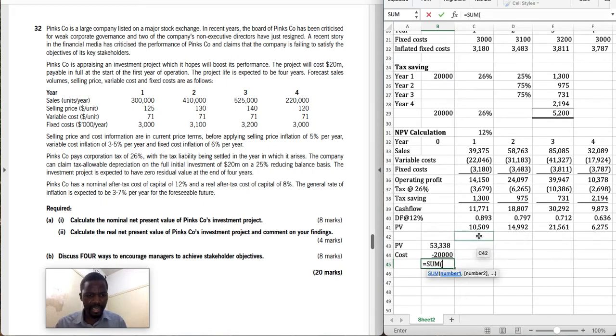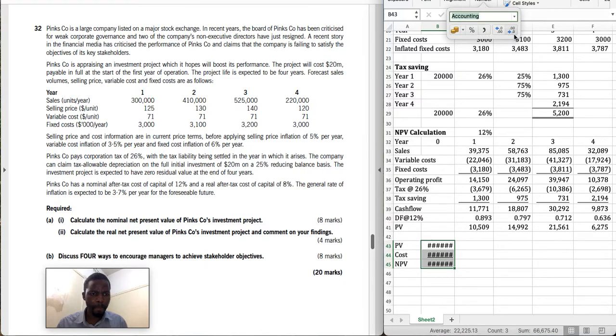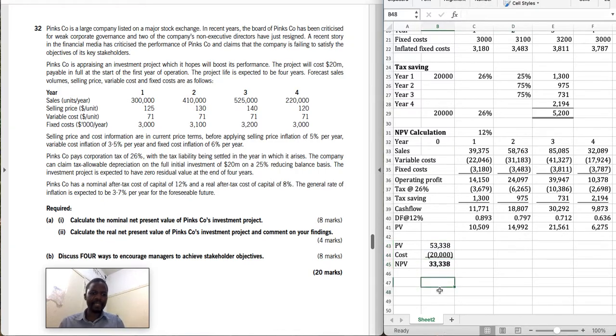Then NPV becomes 33.338. That's our NPV.